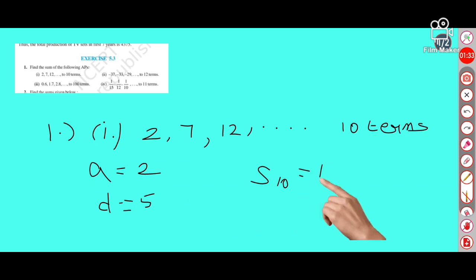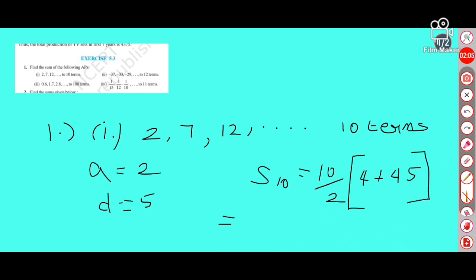That is what the question is. That is nothing but the formula Sn equal to n by 2 into 2a plus n minus 1 into d, is what the formula states. So the value of a is 2, 2 2s are 4. As it's an exercise problem, I am not mentioning the formula on the screen, so kindly remember the formula. Then the number of terms is 10, right? So 10 minus 1 is 9, 9 into d, so 9 5s are 45. These are direct sums, so this is enough to work it out like this, right?